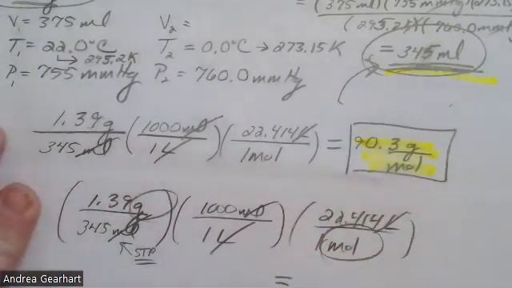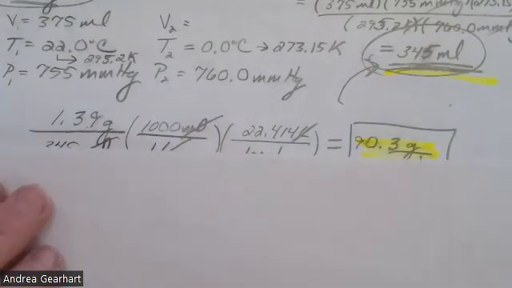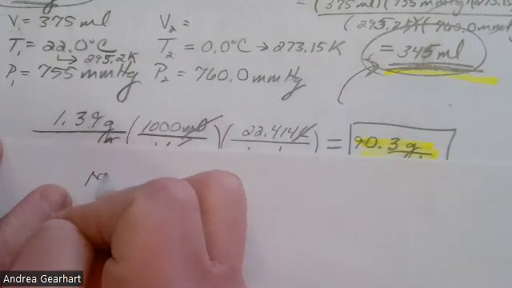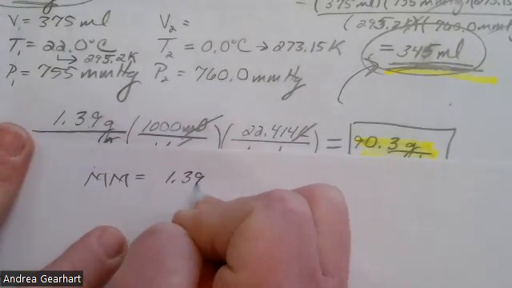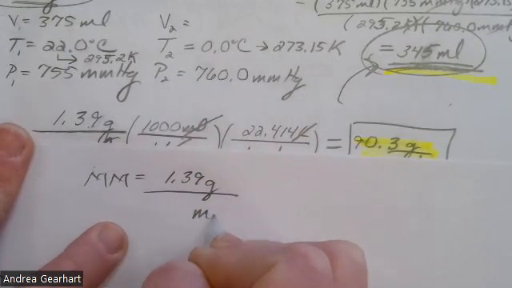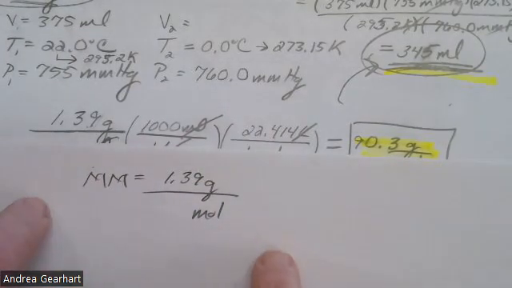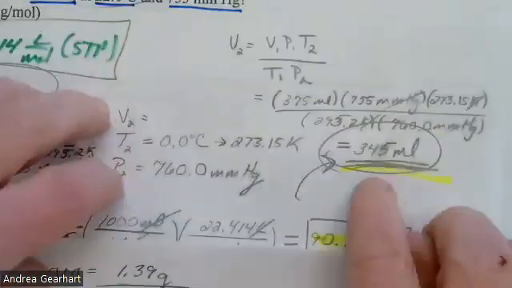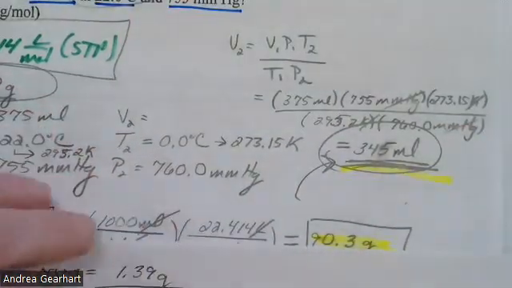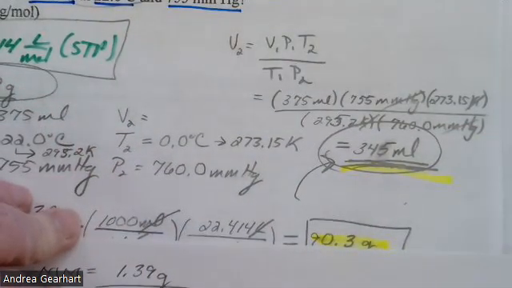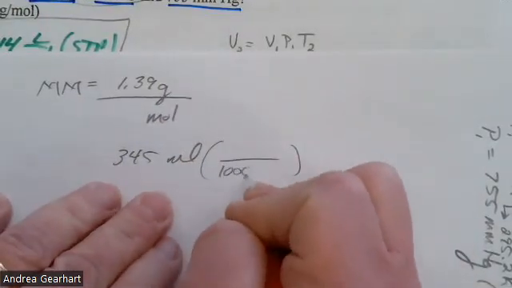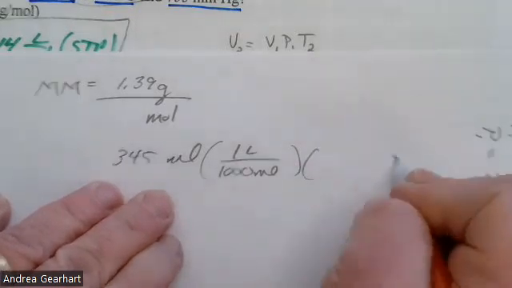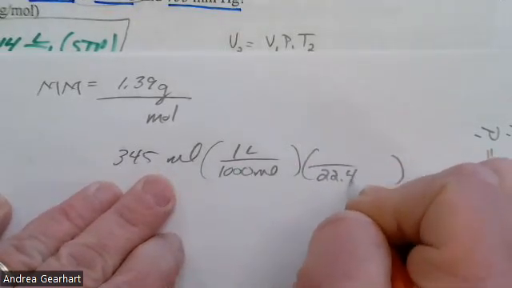Now, knowing that we need molar mass, which will be gram per mole, what you could do is use this 345 milliliters that you found, and then just apply molar volume to get this many moles.